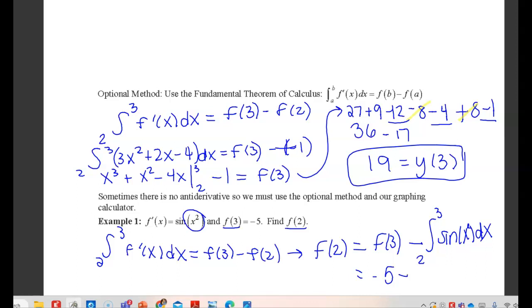Then we got -4.9687. Remember, you need at least 3, but 4 is safe.